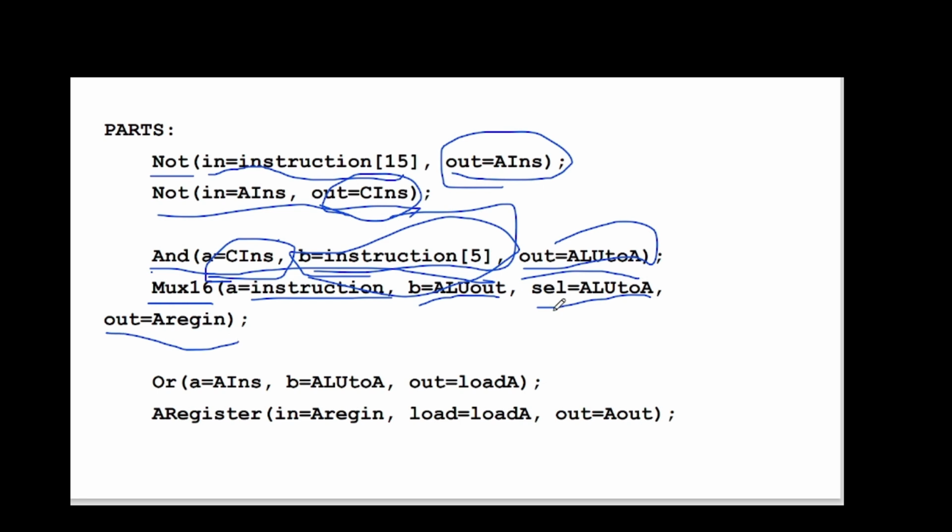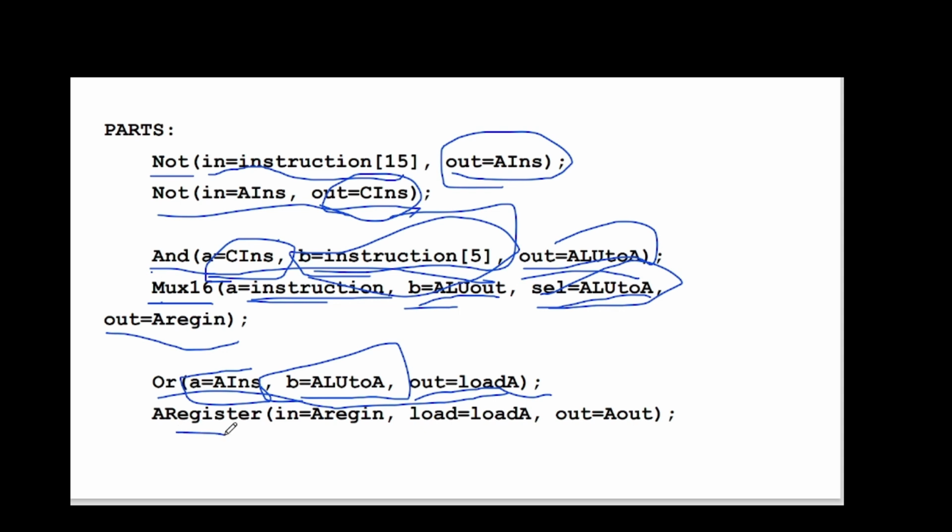It will basically select whether to feed the A instruction or the ALU output into the Mux16 on the basis of this selection pin. Now here we are checking whether it was the ALU to A output or the A instruction. Then enable the load pin for the A register, to load this value.